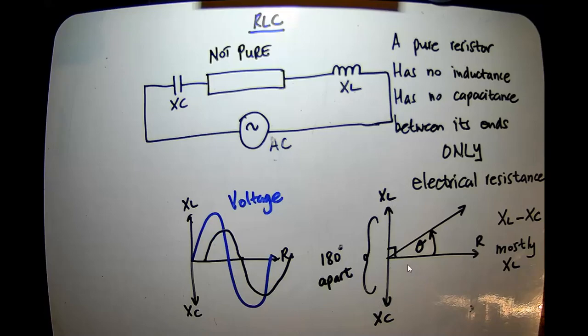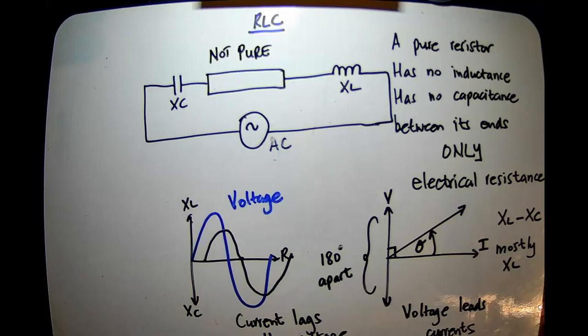So in this case, with XL being greater, the voltage leads the current. We can also say that the current lags the voltage. Once again, the voltage leads the current when XL is greater than XC.